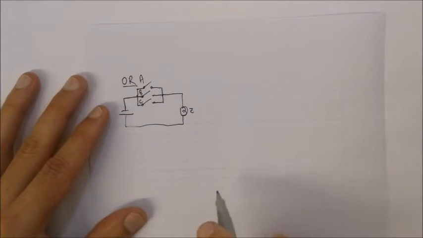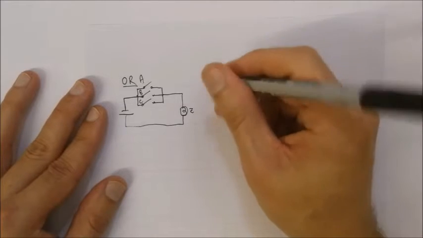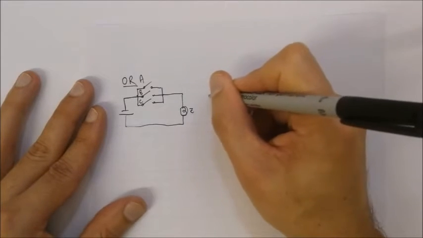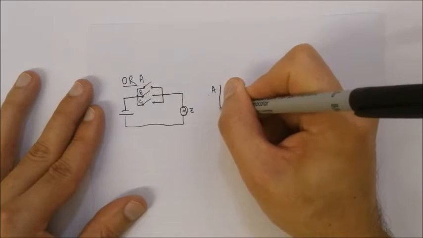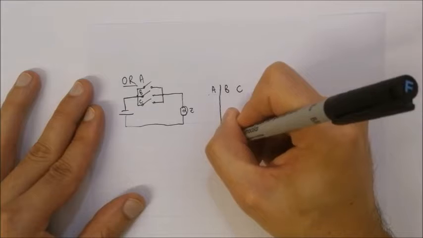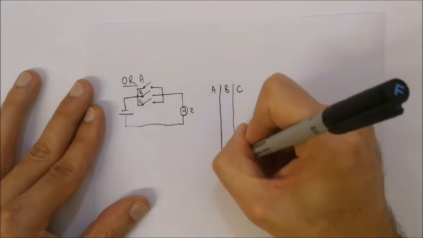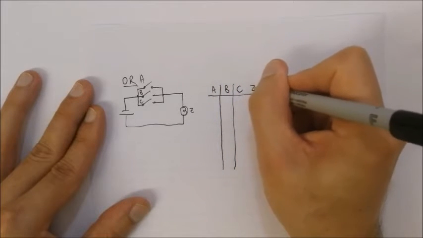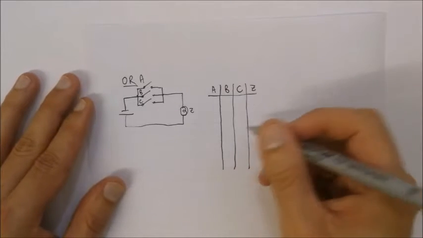So in this case, if we look at the truth table, we can have A and B and C as well, because we've got now 3 switches, 3 inputs. And we've got our output Z. So let's have a look at all the different inputs you can have.